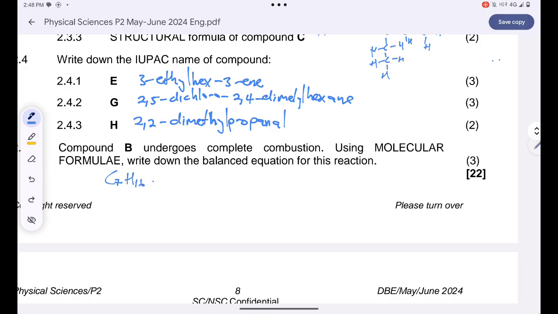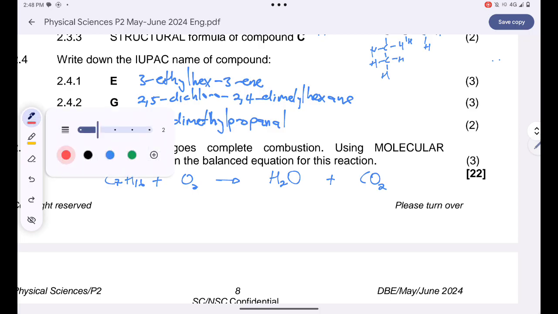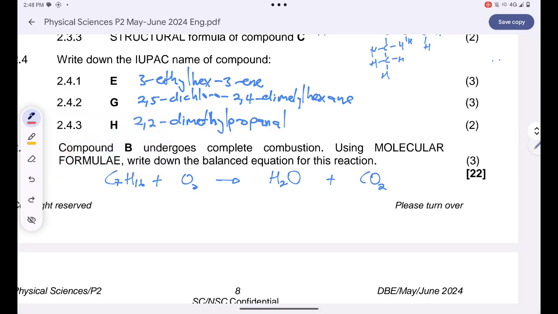For complete combustion, guys, you will always react an alkane with oxygen, and your products will forever be water and carbon dioxide. Just by writing this, guys, you already have 2 marks. Then the other mark will be from balancing the equation. I have 7 carbons over there, but I only have 1 there, so I must write a 7 there.